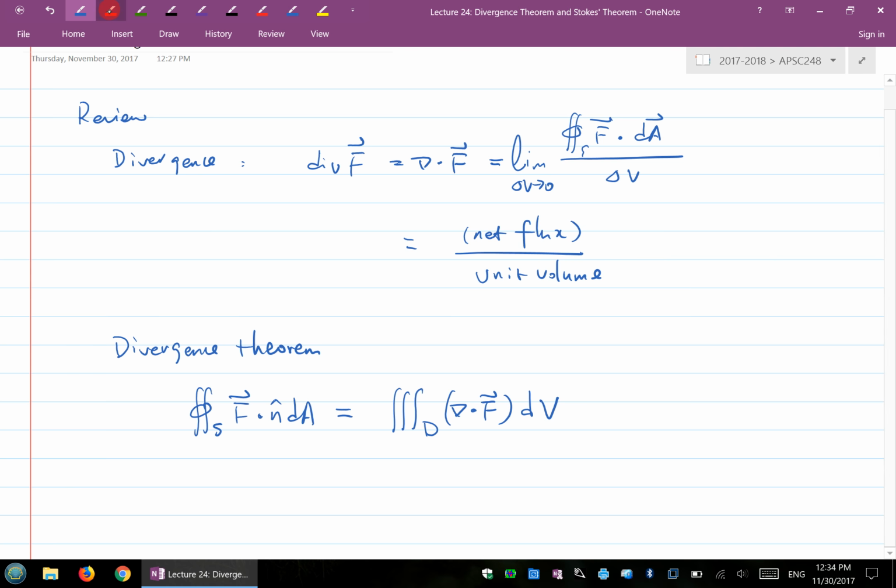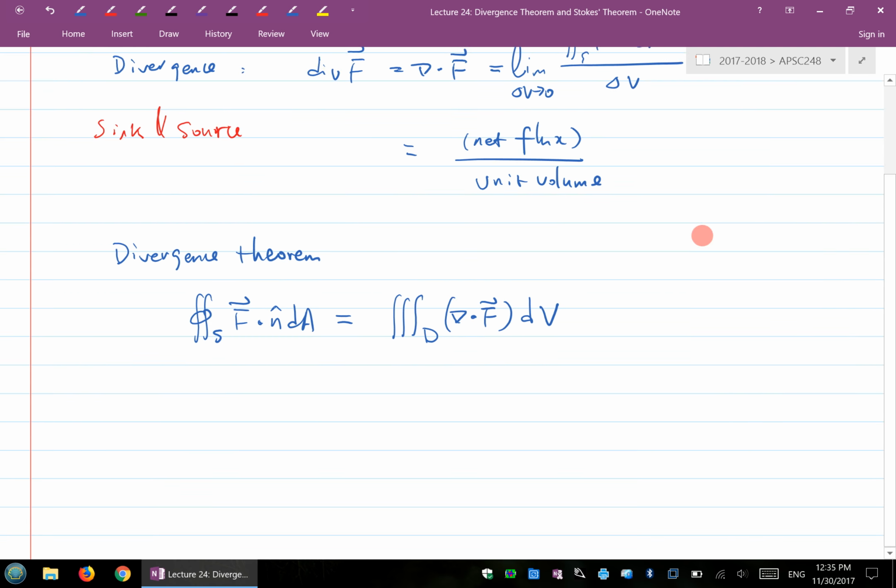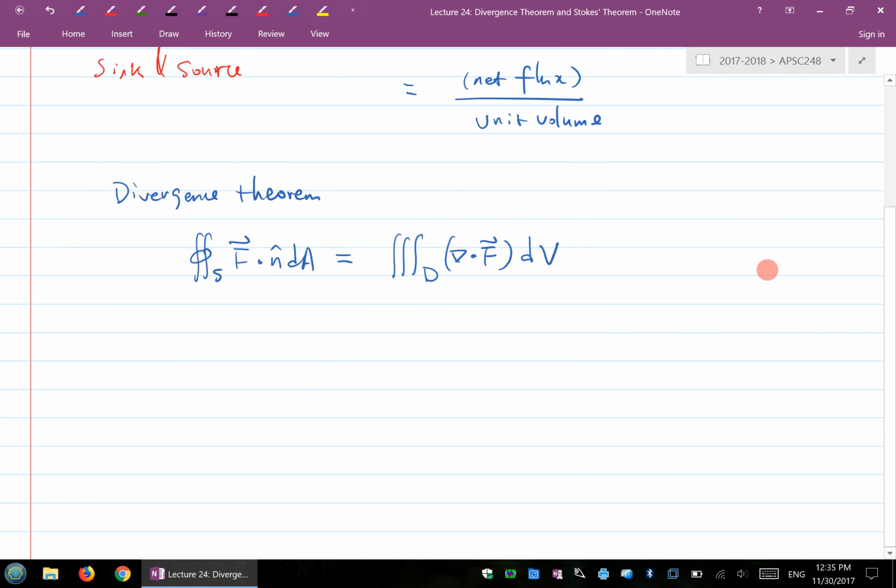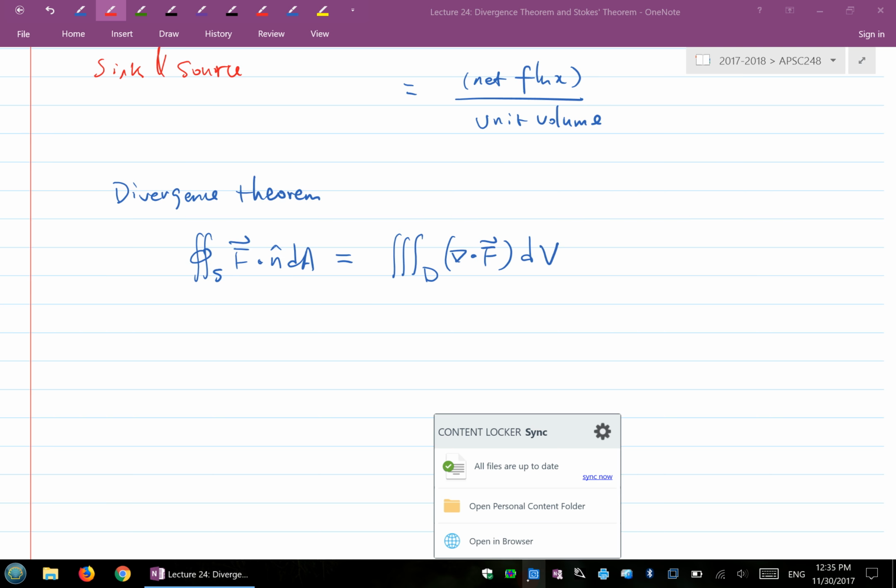So divergence gives us an idea whether a point is a sink or a source of the vector field at that point. We also covered one example on the divergence theorem. The divergence theorem connects the double integral and the triple integral together.